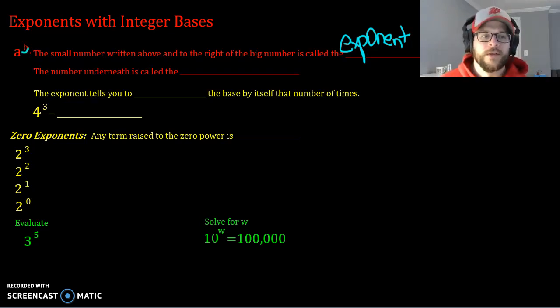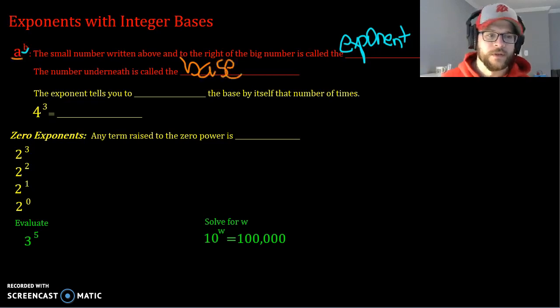It's actually called a superscript. It's smaller and it's written above the other numbers or other terms. Then the term underneath is going to be called the base. So in this specific example, a would be considered your base.